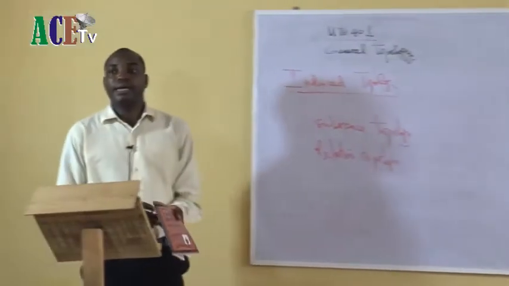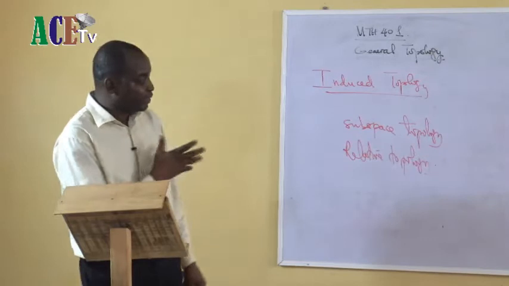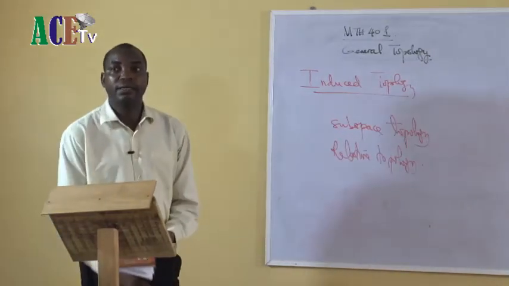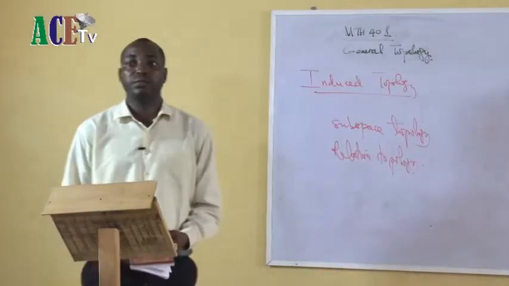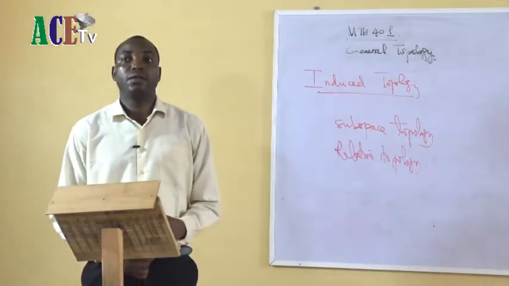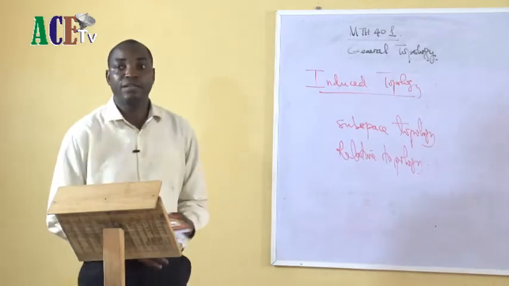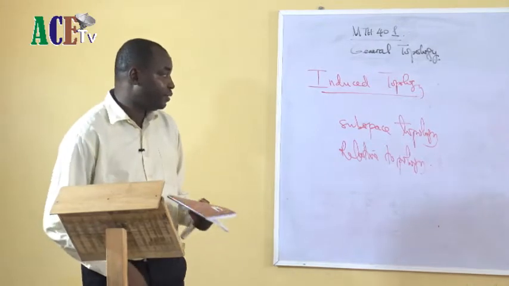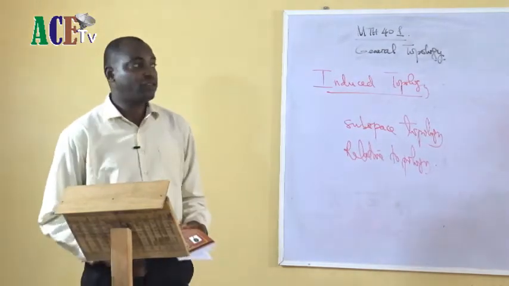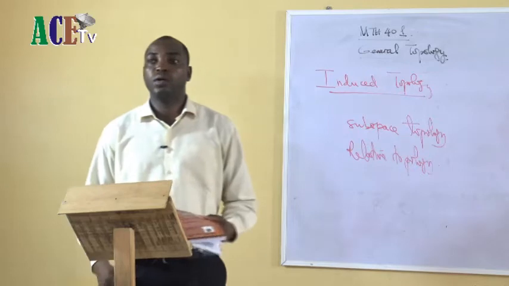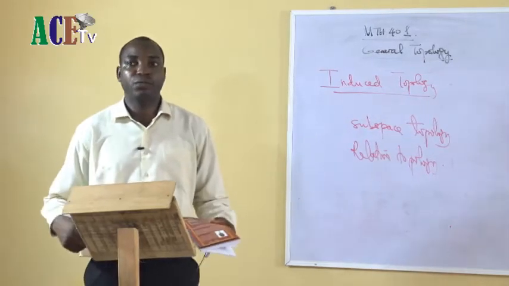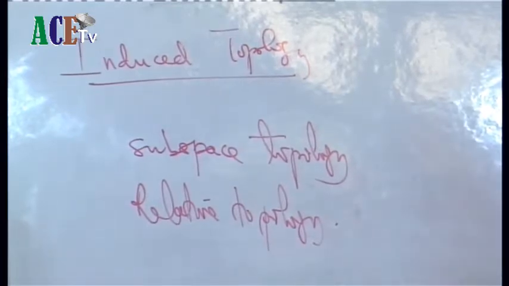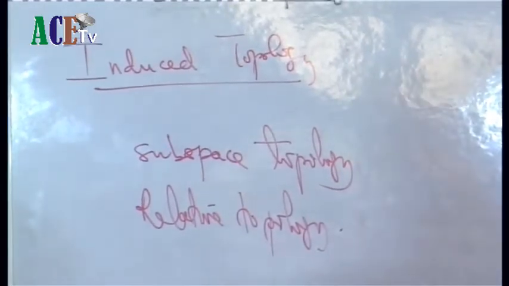In this case, we want to determine how we can get a new topology from an existing topology. And it's very, very simple. First of all, we know that we can have a topological space.